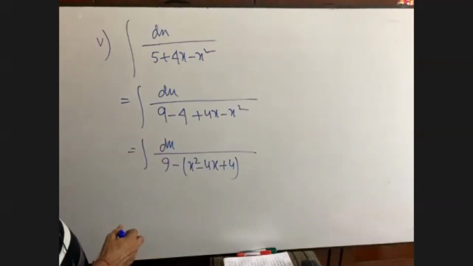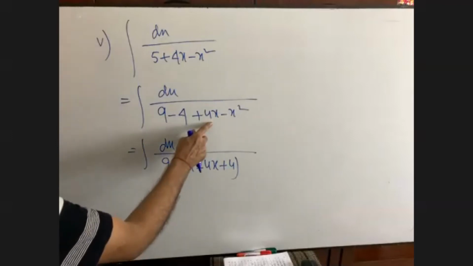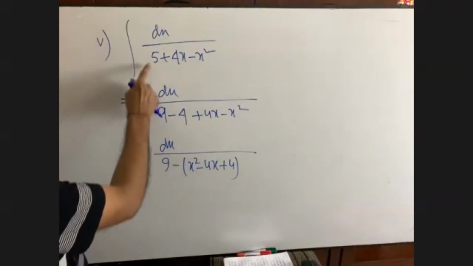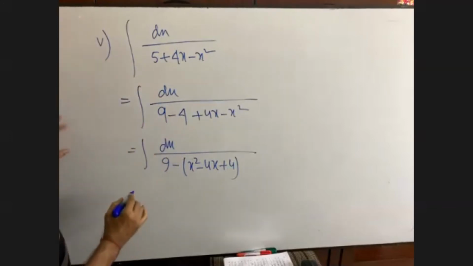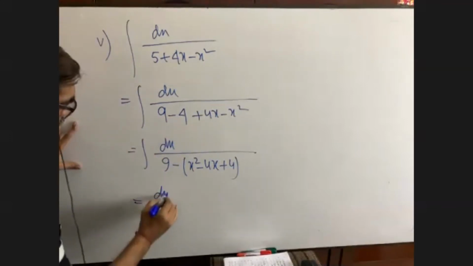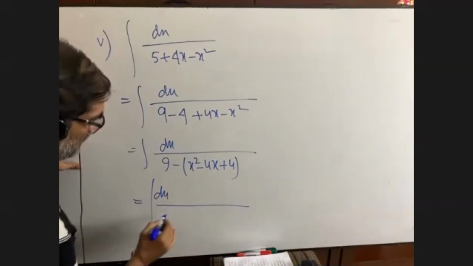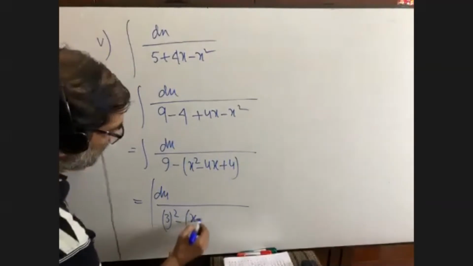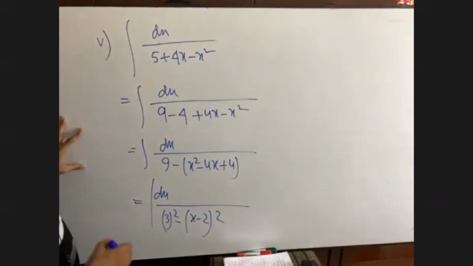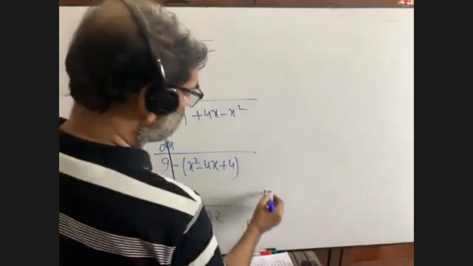As it is 4x, so I need 4, and it is 5, so 9 minus 4 equals 5. That is, we are getting here dx by 3 whole square minus x minus 2 whole square. Now I will not do it. After this, it is homework.